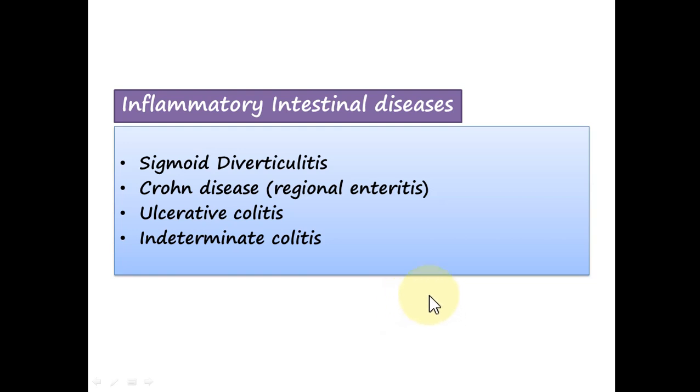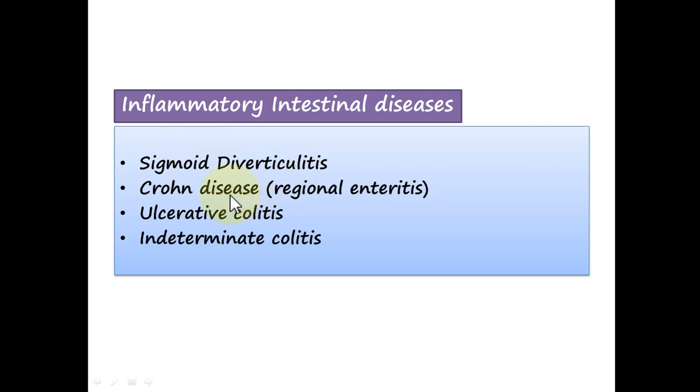Sigmoid diverticulitis is the disease in which diverticula are formed inside the large intestine, particularly in the sigmoid colon. And if there is inflammation in these diverticula, we call them diverticulitis, and in case of the sigmoid colon, we call them sigmoid diverticulitis.